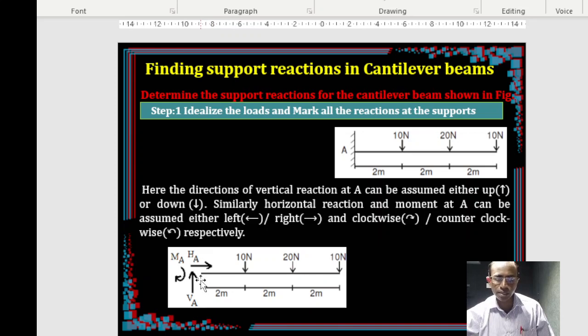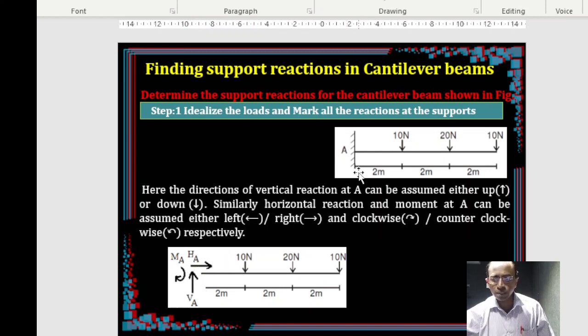Yes, they will get the same answer, because the magnitude doesn't change. If your assumed direction is not correct, you will get a negative sign in the solution, and based on that you can later revert to the actual direction, right?